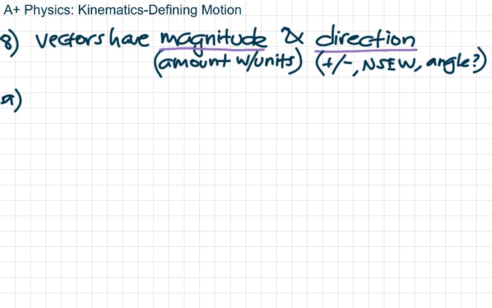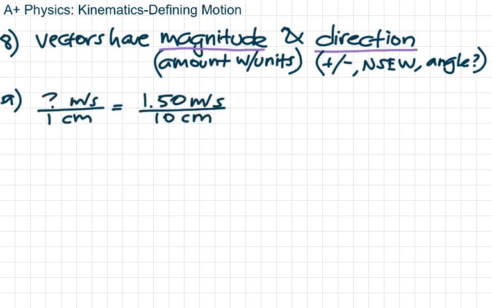So however you measure it on your screen or on your page, let's look at a conversion ratio to figure out what the scale actually is. I don't need to do it for the 0.7 meter per second vector because it's on the same page, on the same screen, so it's going to use the same scale.